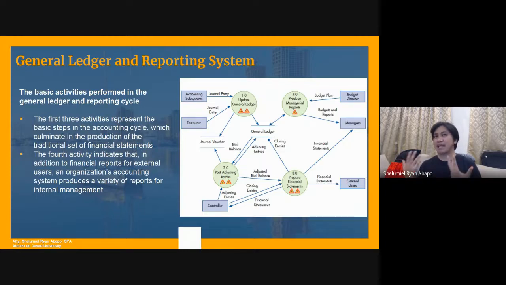Say, for example, may kailangan ang management na segmentation, geographical segmentation ng business, or segments ng each department ng company, or say, by product, yung different products being produced will be the basis na of segmentation. These are not reflected in your pro forma financial statements.